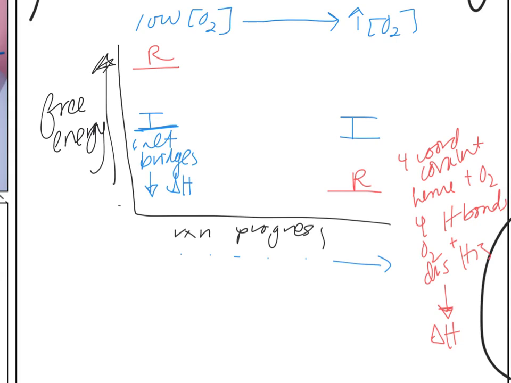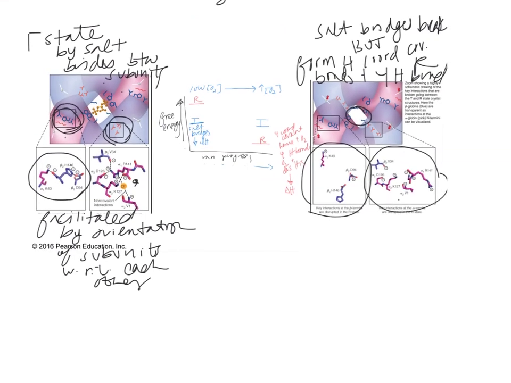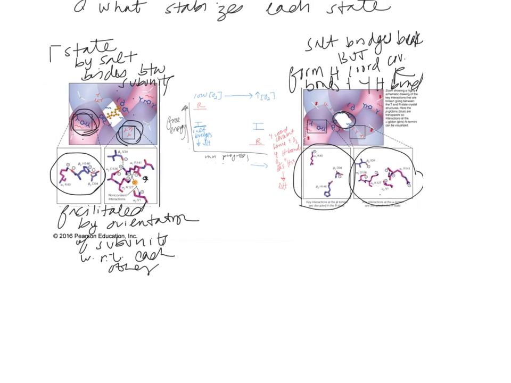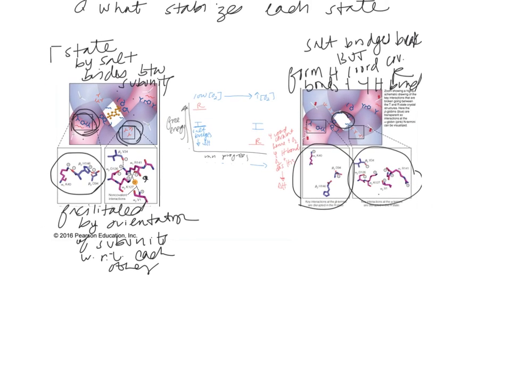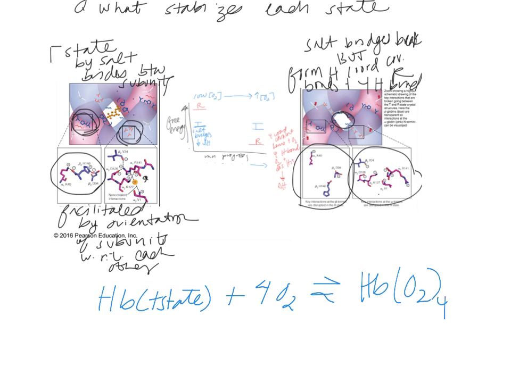So again, you should be able to describe how each state is stabilized in terms of thermodynamics at the different oxygen concentrations, and this is only compounded by Le Chatelier's principle. Hb, the T state, the unbound state, where we can have 4 oxygen molecules, is in equilibrium with Hb which is bound to 4 oxygen molecules, and this is called the R state.